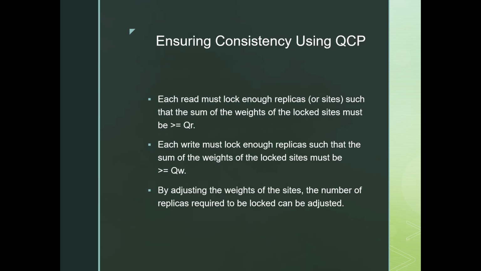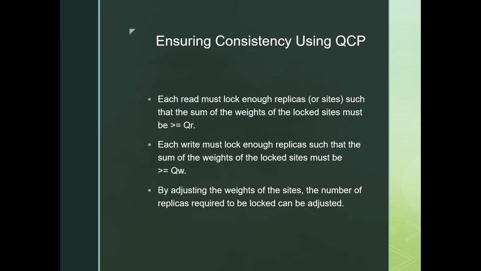It means that each read must lock enough replicas or sites such that the sum of their weights, that is the sum of Si for i = 1 to k sites, is greater than or equal to QR, that is the read quorum total. And each write must also lock enough sites such that the sum of the weights is greater than or equal to QW. But in this protocol, by adjusting the weights, the number of replicas required to be locked can be adjusted.